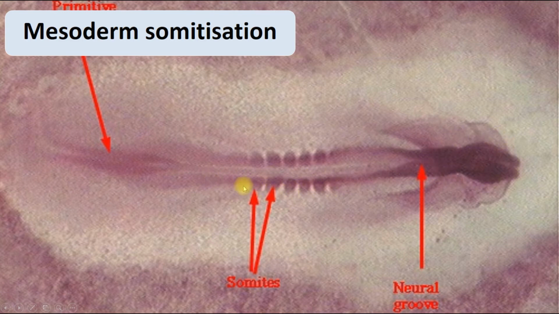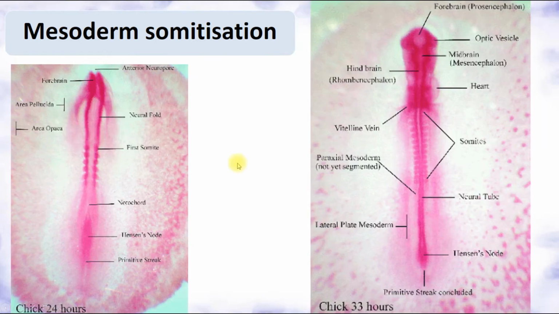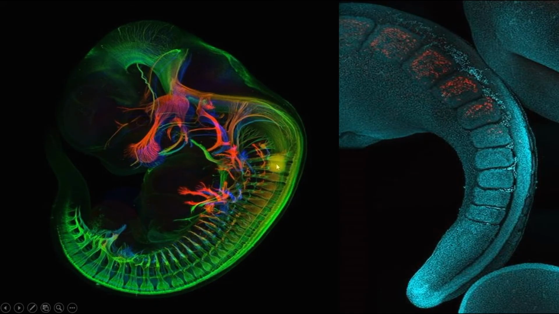And there are somites on two sides of the embryo. And also here we can see somitogenesis. Here we can see 24 hours in the chicken embryo, and here we can see a later stage. This embryo has more somites than this. And also here we can see somites. There are segments which are located on two sides near the neural tube.